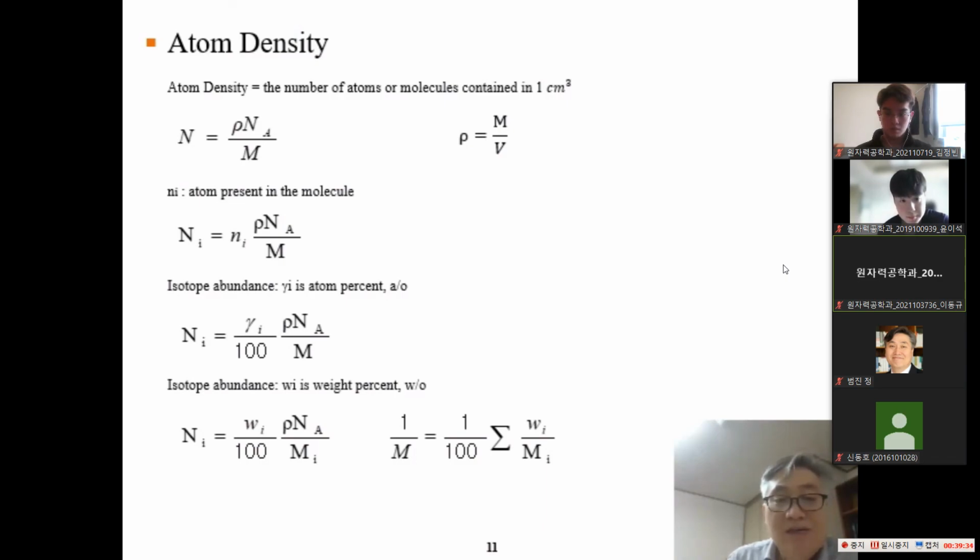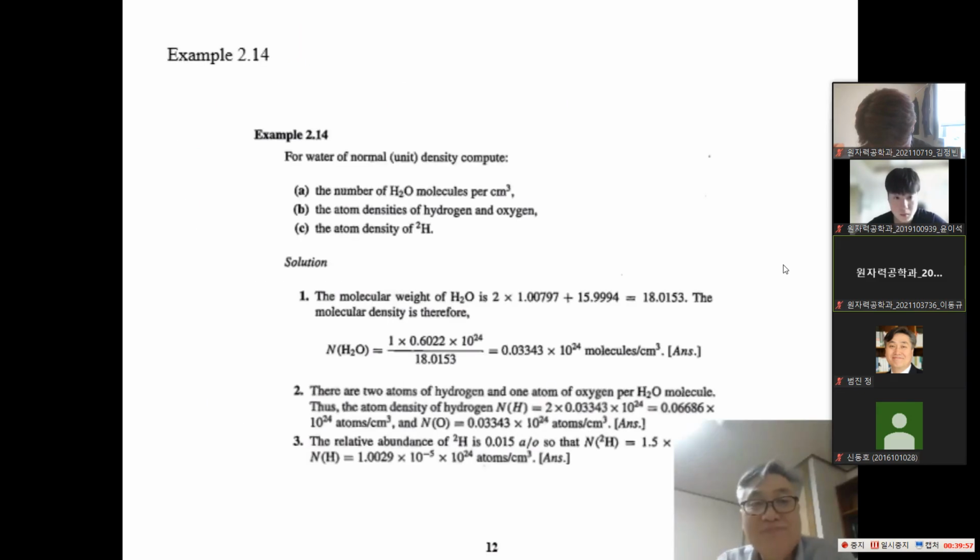If we would like to consider the atomic abundance, then we put in the atomic abundance gamma and the percentage expression, 100 divided by the percentage, and then we get the third line of the equation, this one.